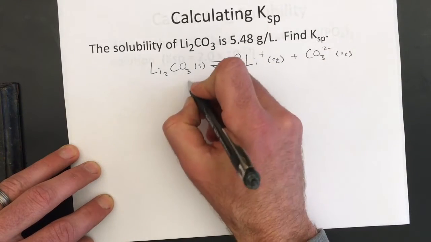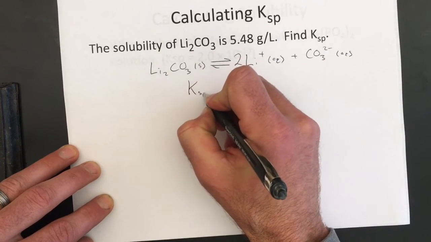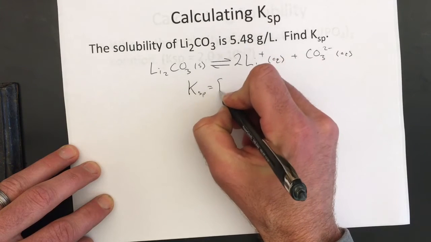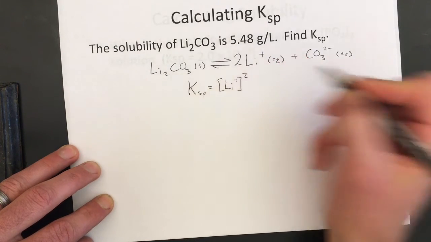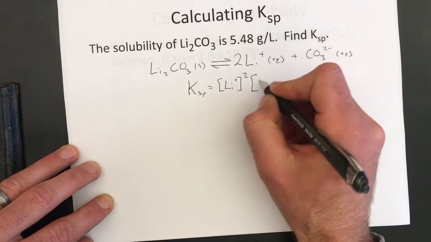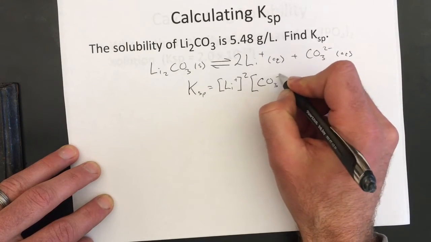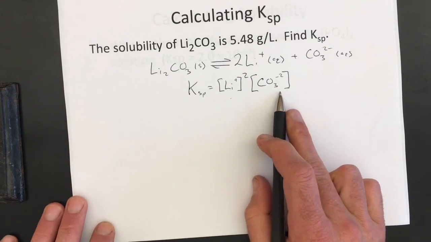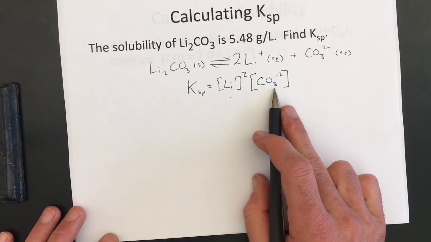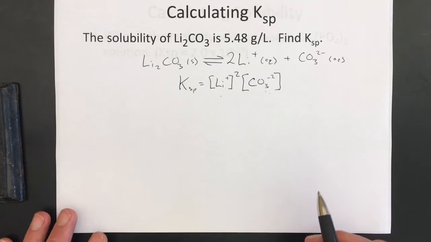With that equation, we can write out the equilibrium expression. So Ksp is equal to the concentration of lithium ions squared because of the 2 in front, and then the carbonate ions. We need to figure out the concentration of lithium and the concentration of carbonate, and then we'll plug it into this equation and we can solve for Ksp.